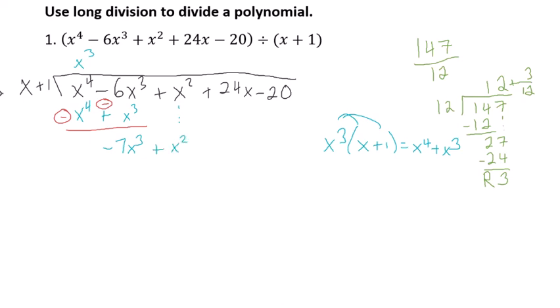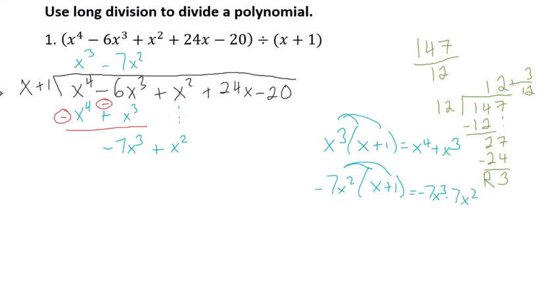Now, same thing. What do I need to multiply by x to turn this into this? We're going to use negative 7x squared. Show the work over here. Distribute, and you get negative 7x cubed minus 7x squared.